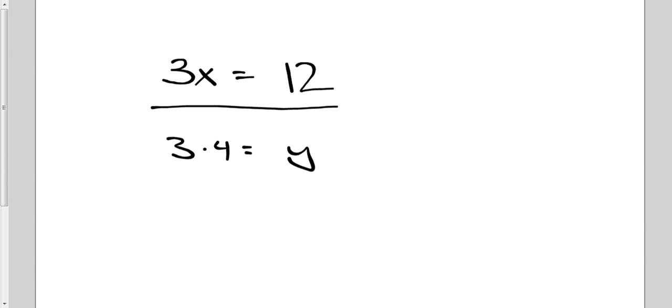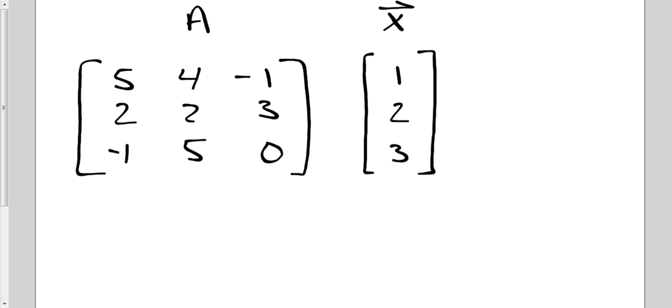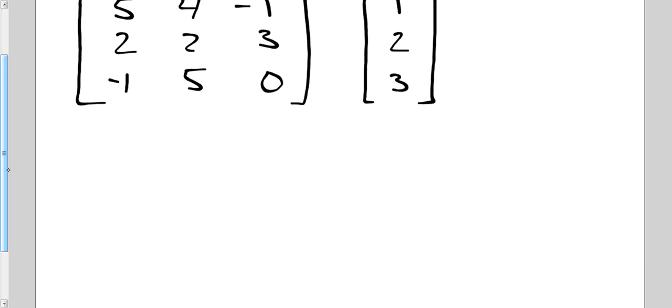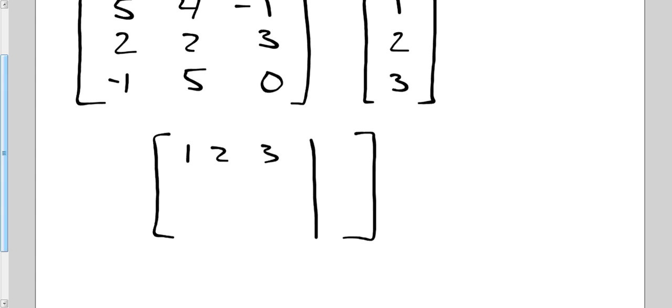I'm trying to remind you of what these things actually mean because now we're going to do the exact same thing but in a different context. Now, remember how I said that when we do matrices, we got this line here, and we got like 1, 2, 3.